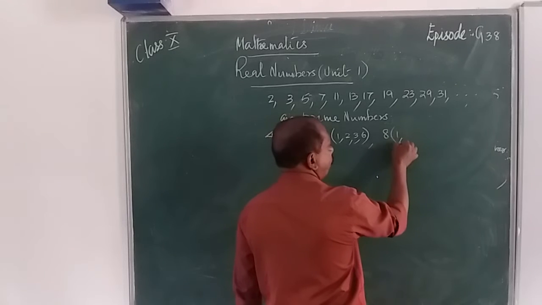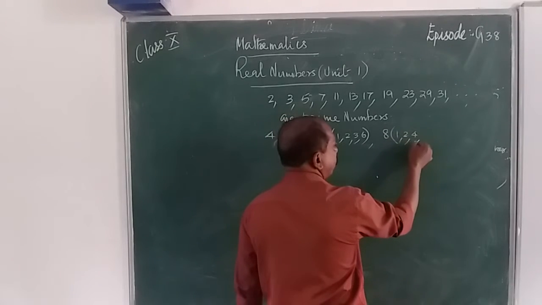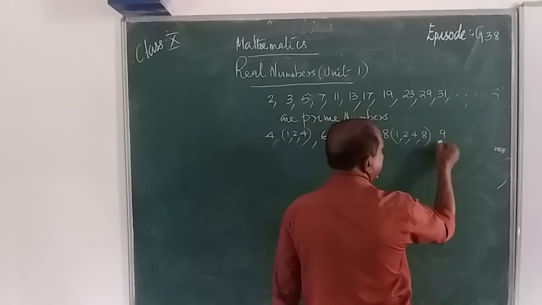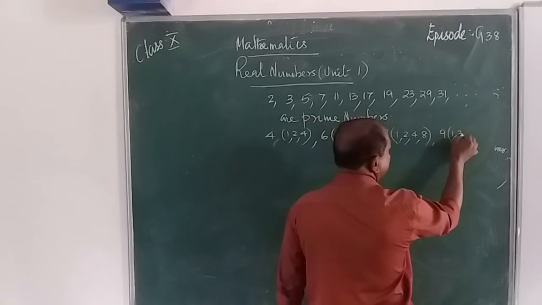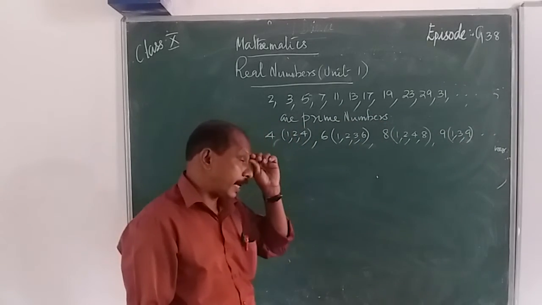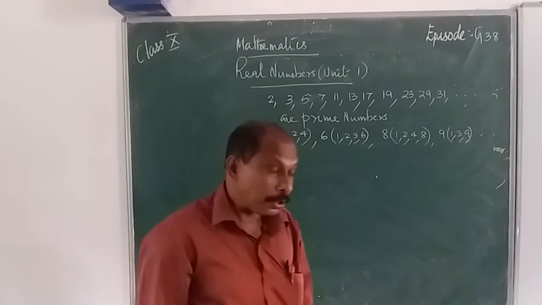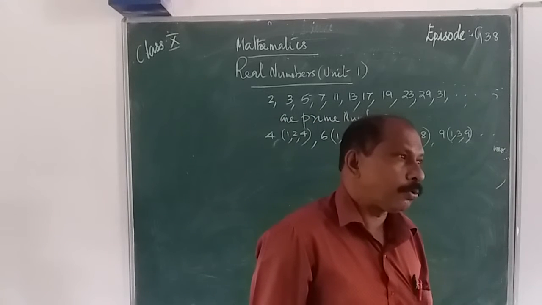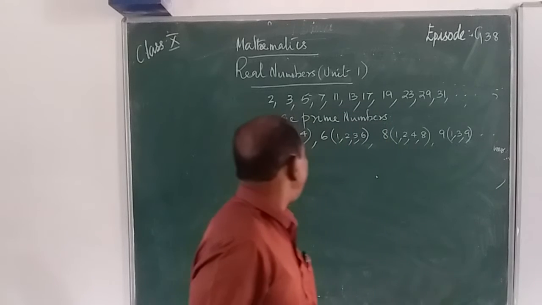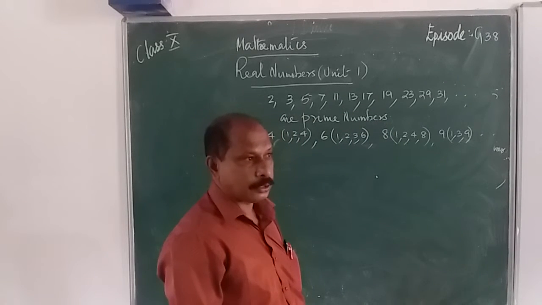The factors are 1, 2, 4, 8. 9. What are the factors? 1, 3, 9. That means there are several numbers with 3 or more factors.